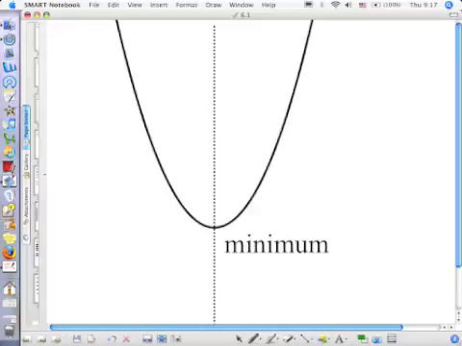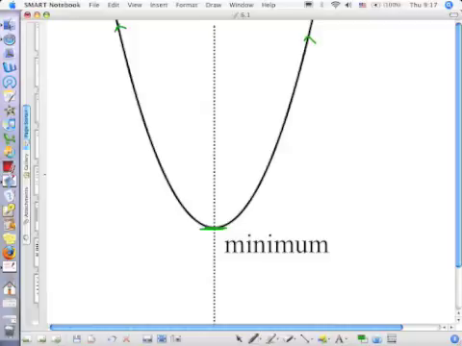Okay. If your parabola is opening up, the arrows go on forever into eternity. So are you ever going to hit a high point? No, but do you hit a low point? Yes. The bottom of that curve, where this is on the y-axis, is your minimum value.